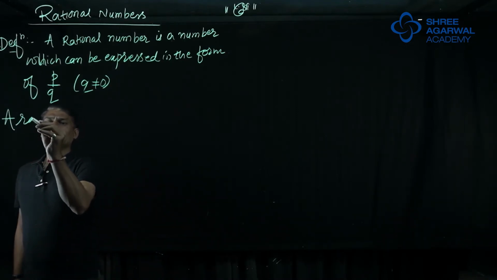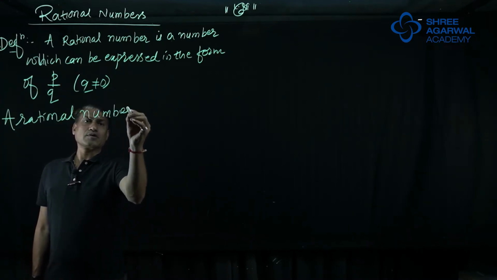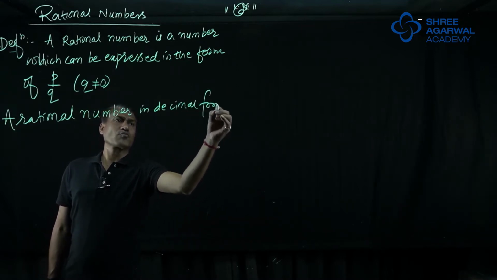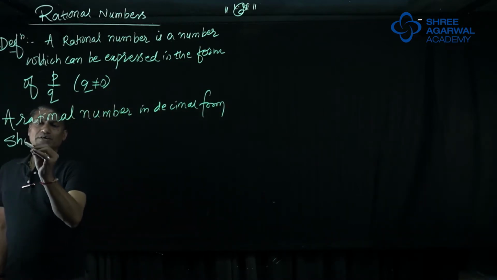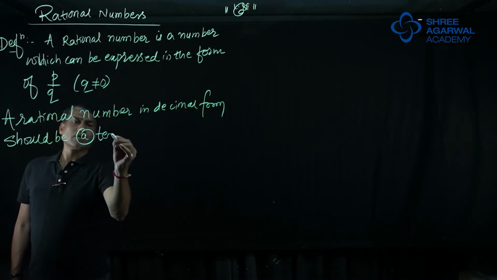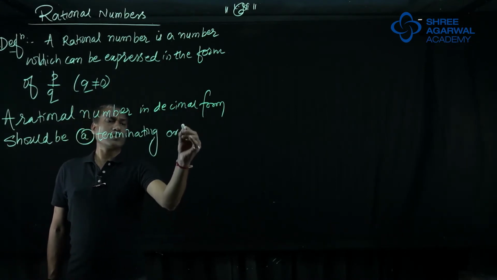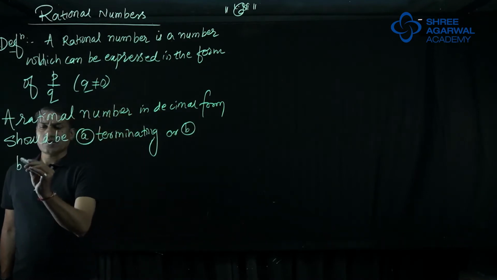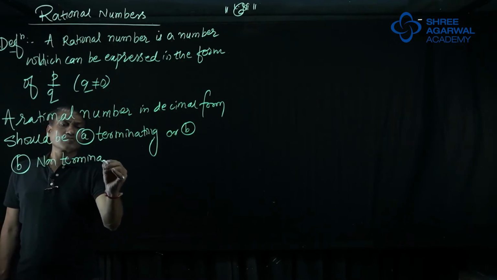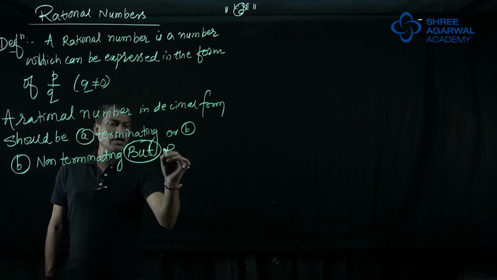A rational number in decimal form should be terminating or non-terminating but recurring.